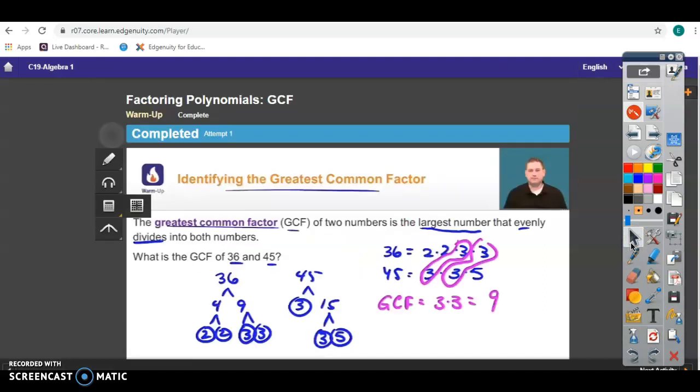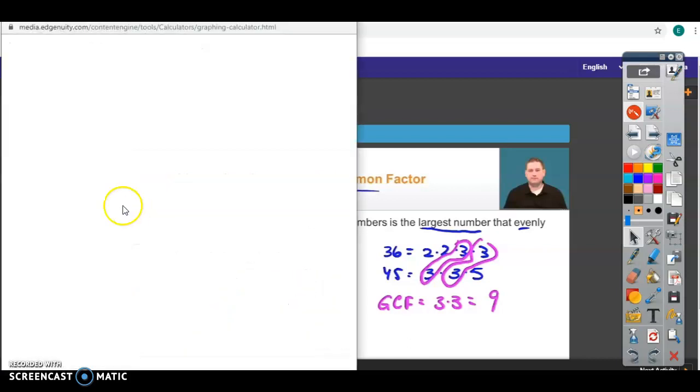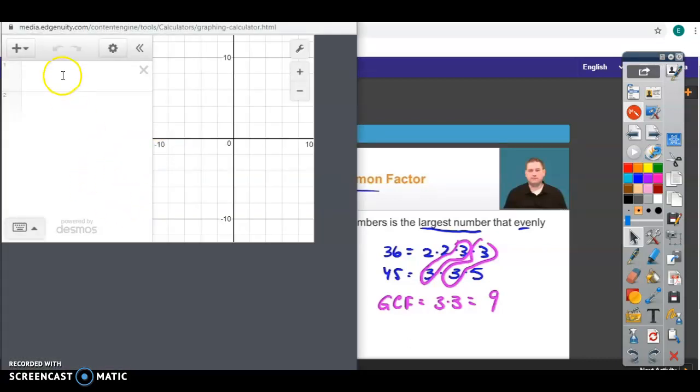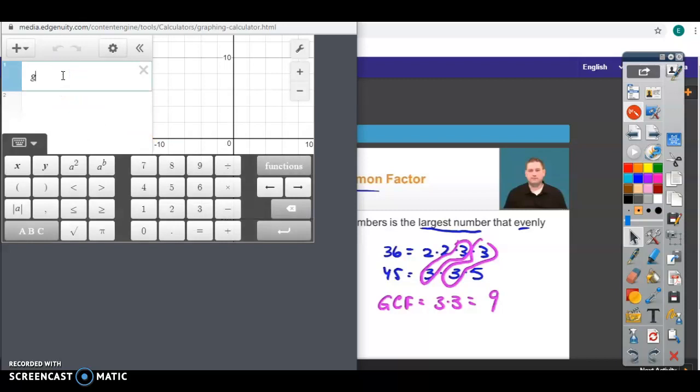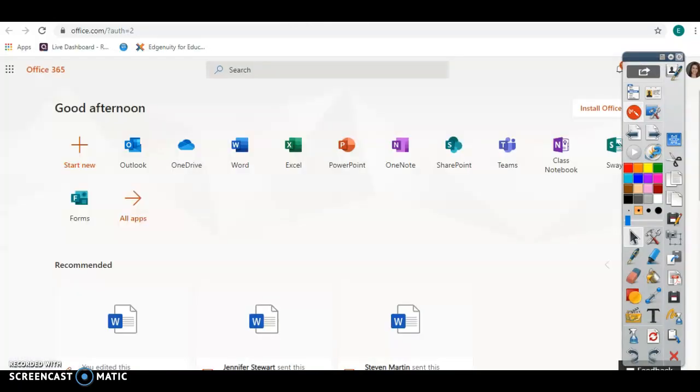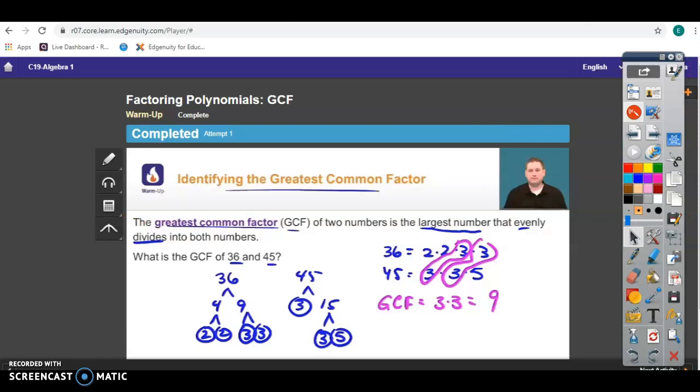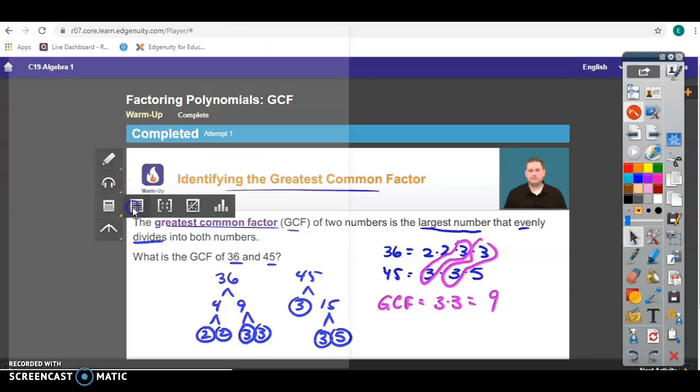So right here, calculator, you can use the graphing one, which is Desmos. It takes you straight to Desmos. And you can type greatest common factor, GCF, parentheses. And the two numbers were 36 and 45.